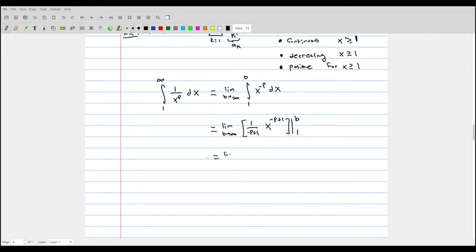And this then becomes the limit as b goes to infinity of 1 over 1 minus p times b to the 1 minus p minus 1 to the 1 minus p, or just 1.